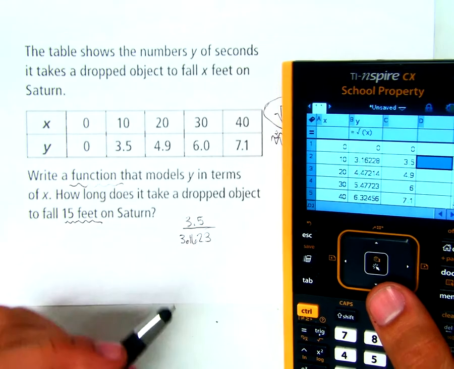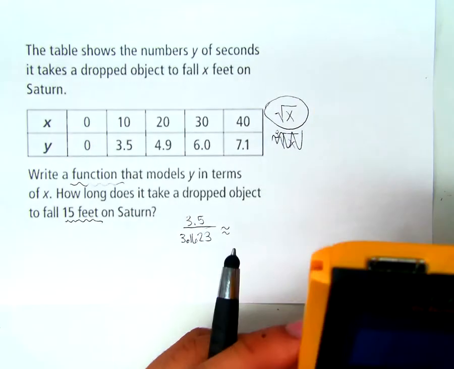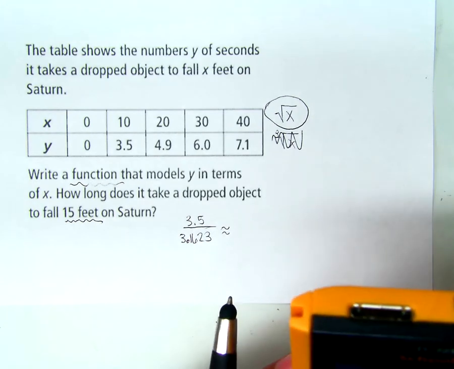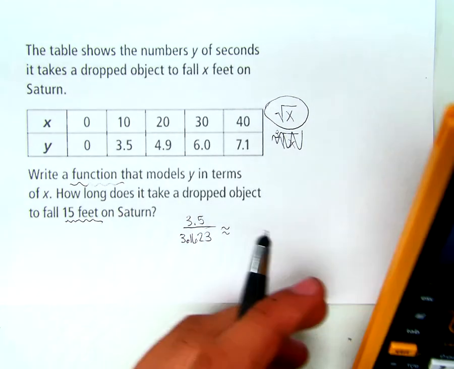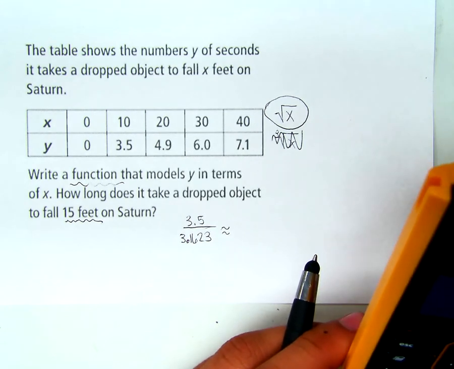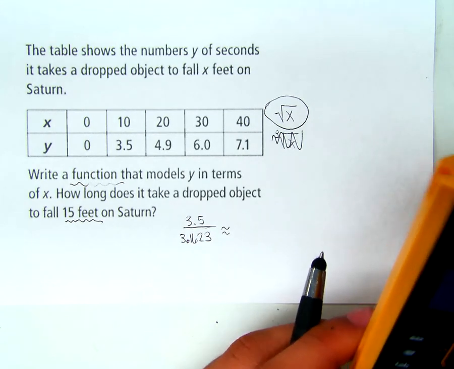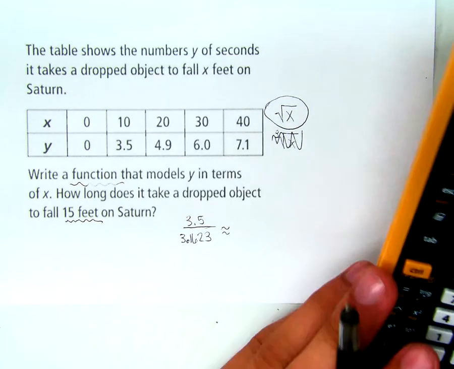And then once we figure this out, we're going to round. When working with answers, just use one decimal place to represent an answer.